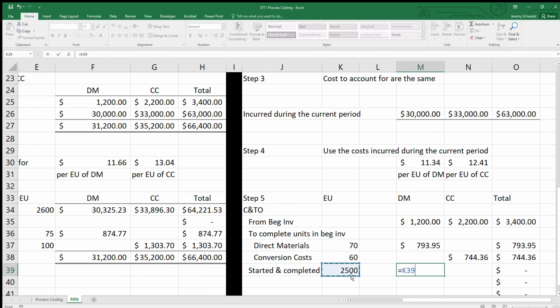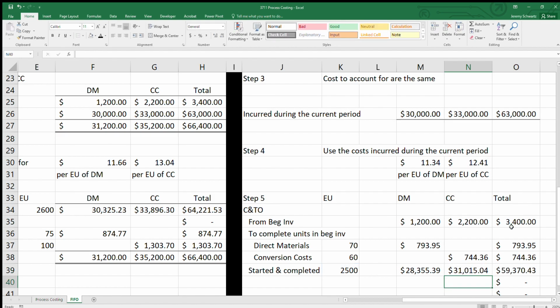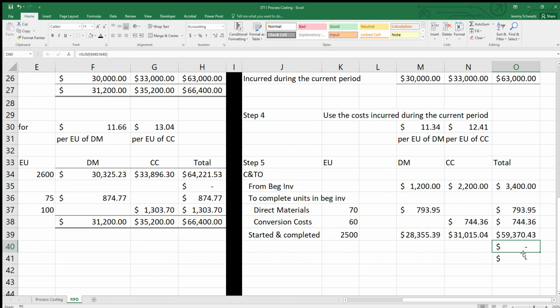So we take our 2,500, multiply by 1134, we get 355, 2,500 multiplied by the 1241, and we have 31,015.